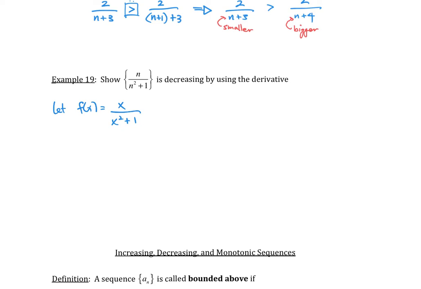So I just want to mention that this agrees with our sequence, since a_n is just going to be equal to f(n), which is n over n squared plus 1, right? So these n's are integers.